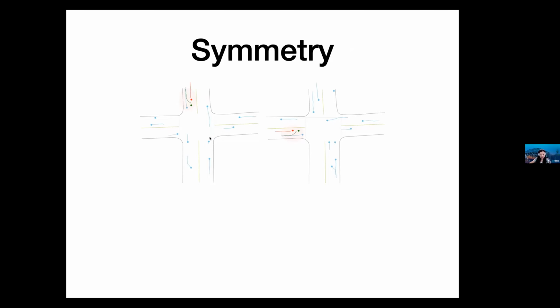The key insight in this paper is that when we build models to forecast the trajectories of cars, perhaps we can exploit such symmetry to predict the trajectory of cars on the road.